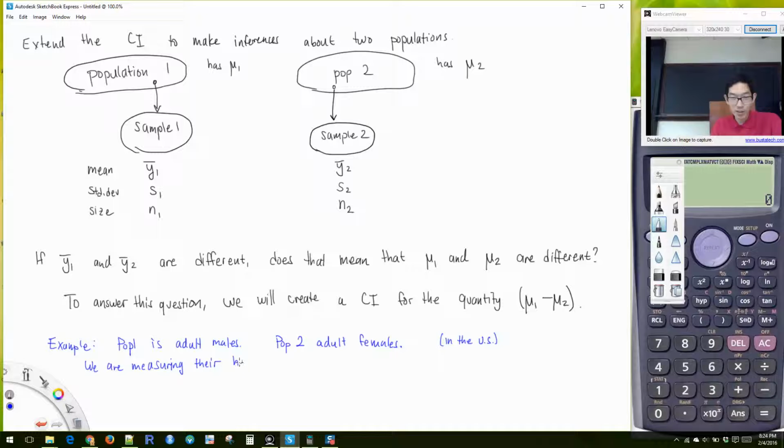So we're measuring their heights, okay, so y bar 1 would be the average height of the random sample of men. And y bar 2 would be the average height of the random sample of women.